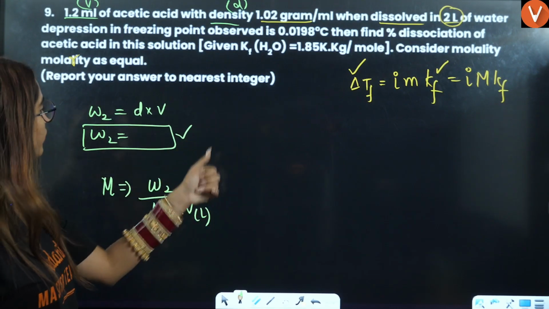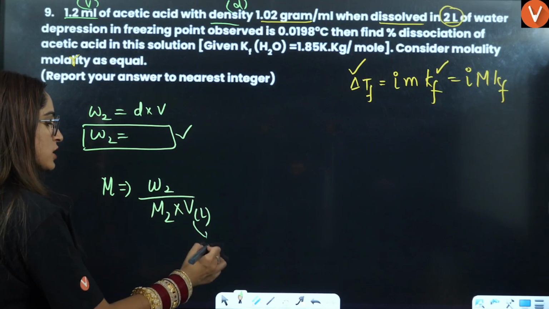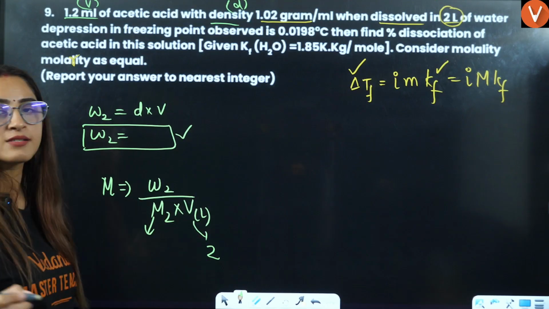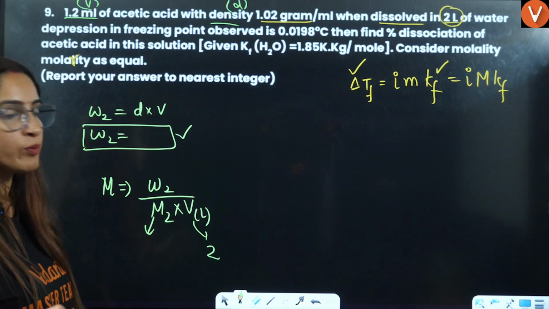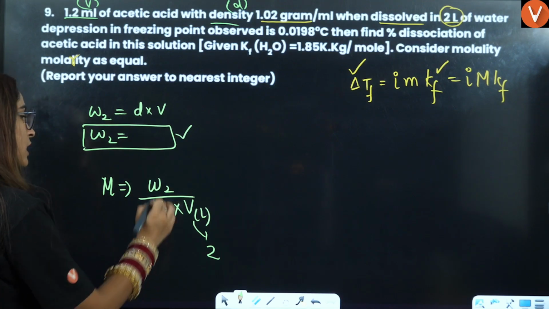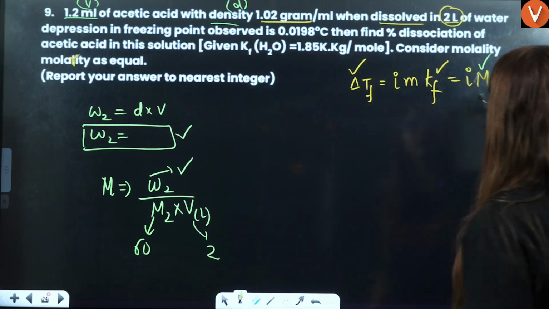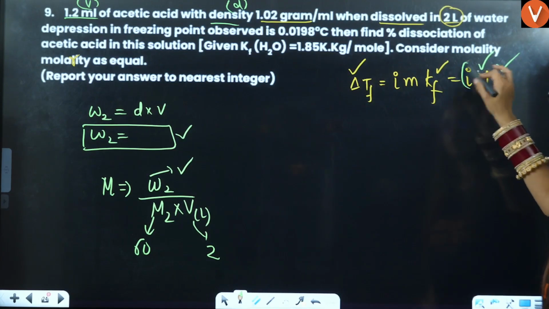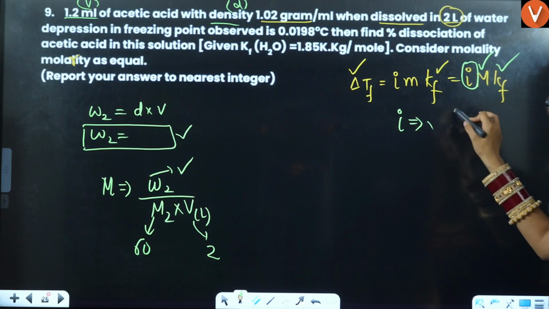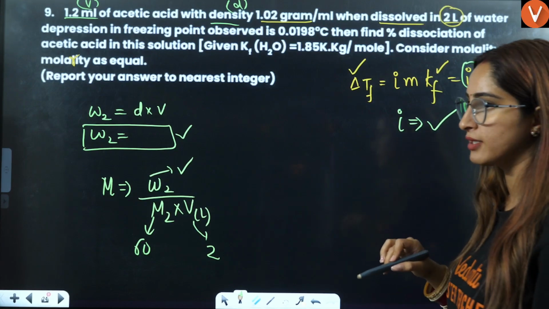Volume is given to be 2. Acetic acid is CH3COOH, which is around 60. W2 you can easily calculate from here. You know the value of molarity and KF, so from here you can calculate the value of i, that is the Van't Hoff factor.